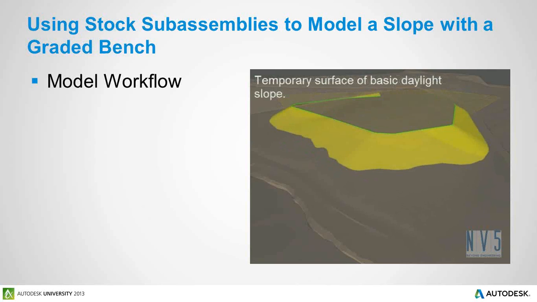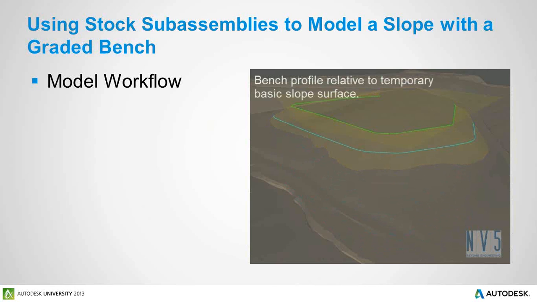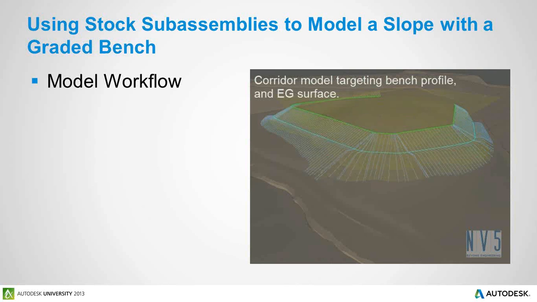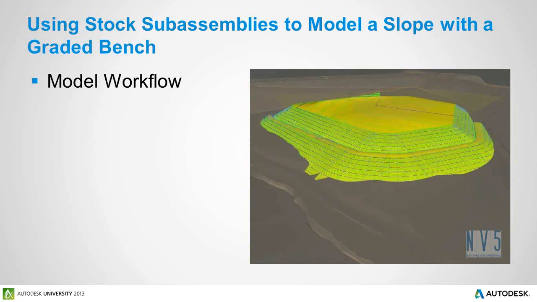We then modeled a temporary 2-to-1 surface, and then from that I did a bench perimeter, or bench alignment, and then we extracted elevations from that surface, so we had an idea of where our grades needed to be. And then we're able to assign the corridor to this, and then from that we could then finish and build our surface from that.